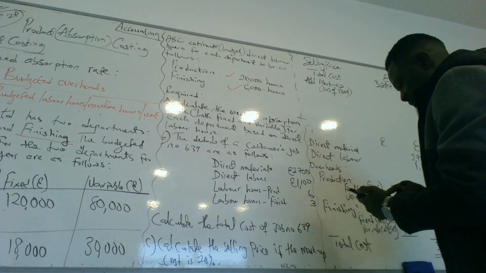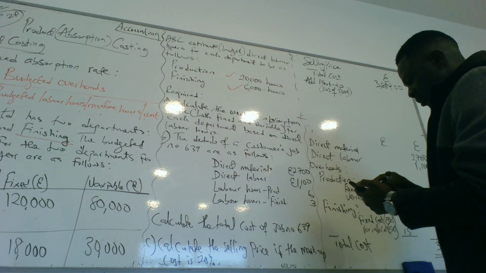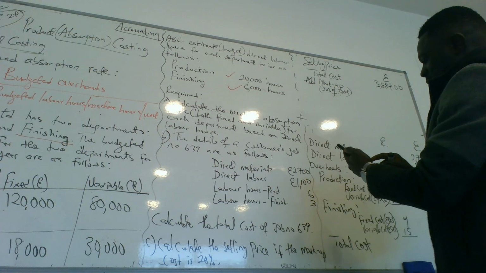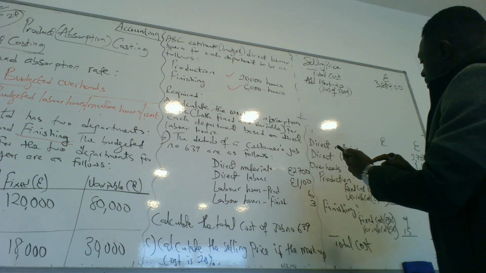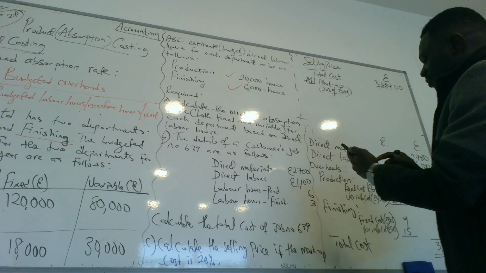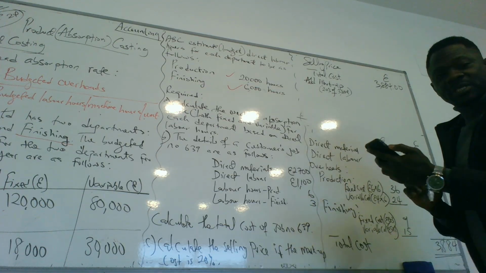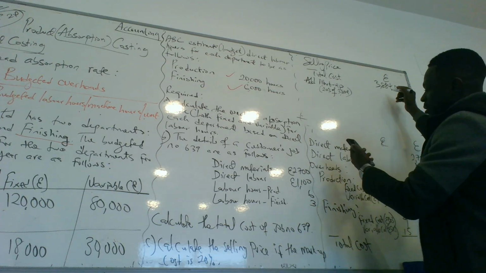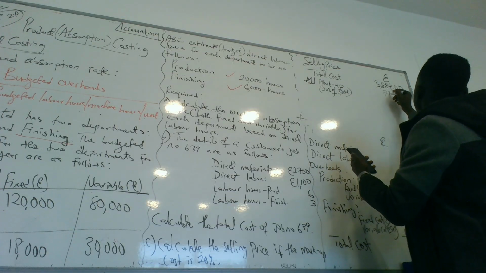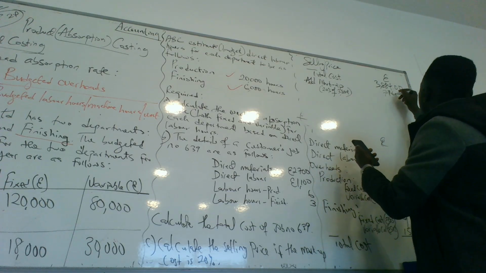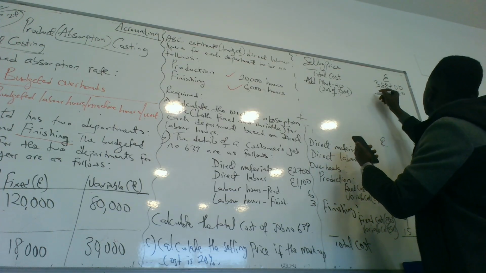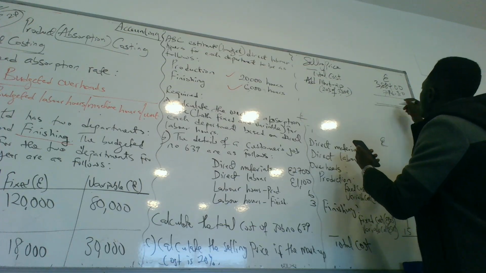So we have 20 multiplied by 3,884 divided by 100. Our markup is 776.80. So this will give us our selling price.